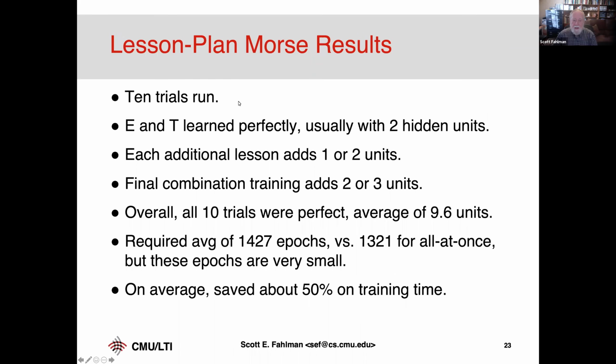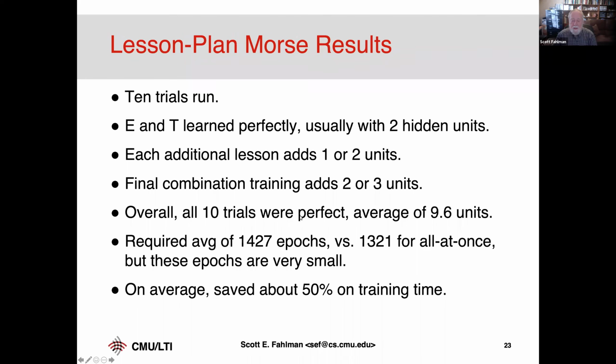We ran 10 trials. E and T were learned perfectly, usually creating 2 hidden units, which is 2 bits of memory, by the way. Each additional lesson adds 1 or 2 units. And the final combination training to blend it all together added 2 or 3 more hidden units.